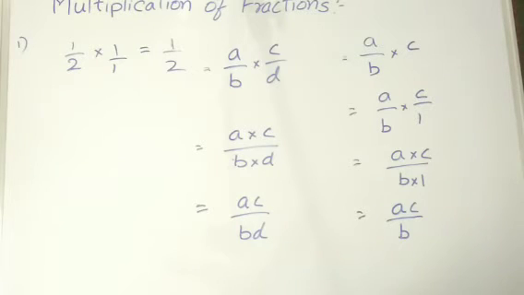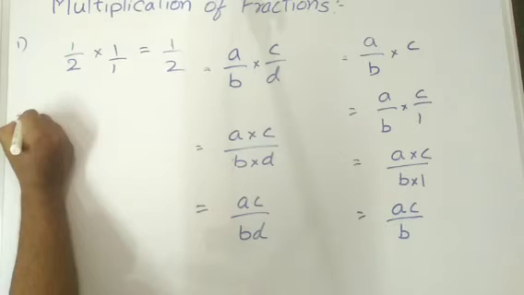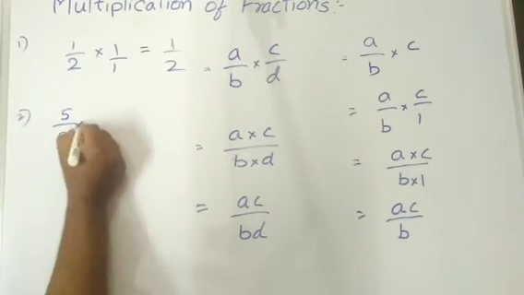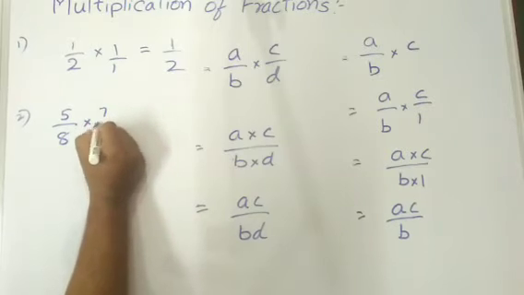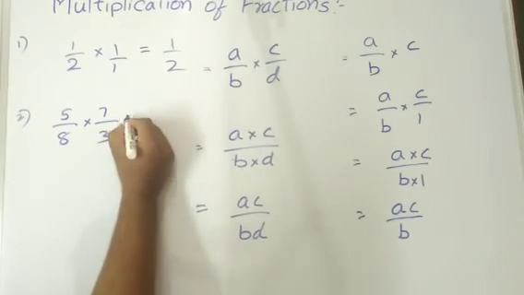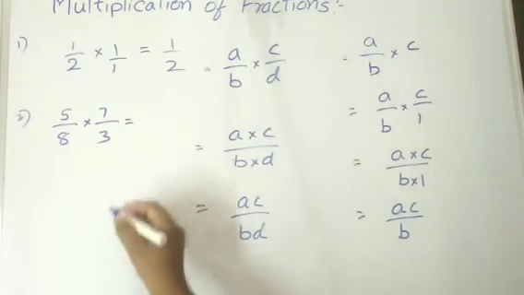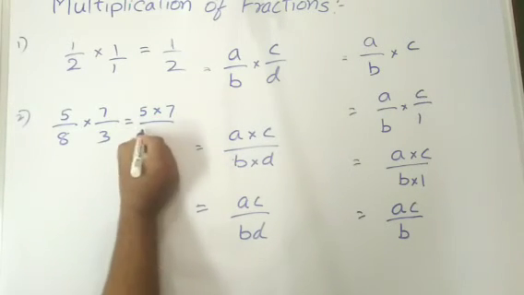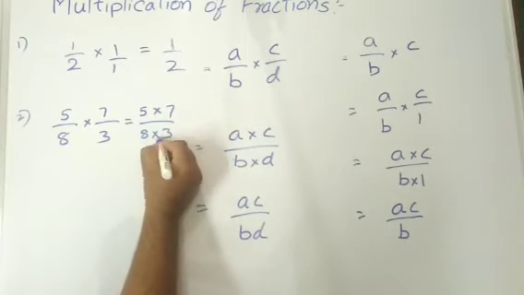I think everybody got an idea about this. So I'll go for an example. Next one is the second one. See, I am taking 5 by 8 into 7 by 3. So what I want to do here: 5 into 7 by 8 into 3.